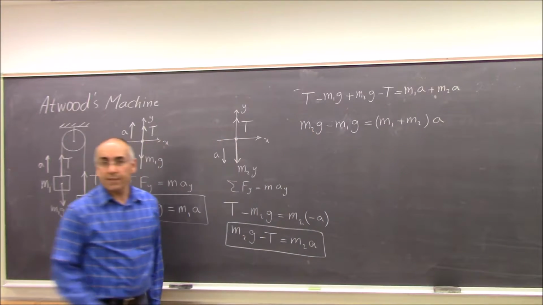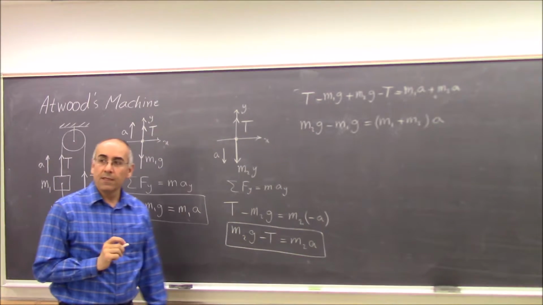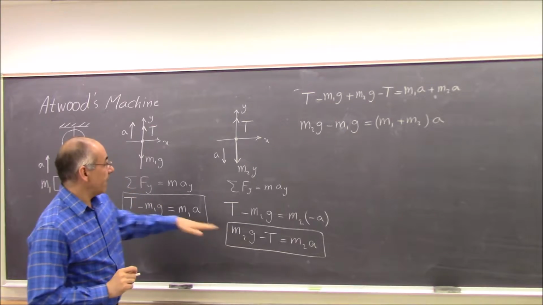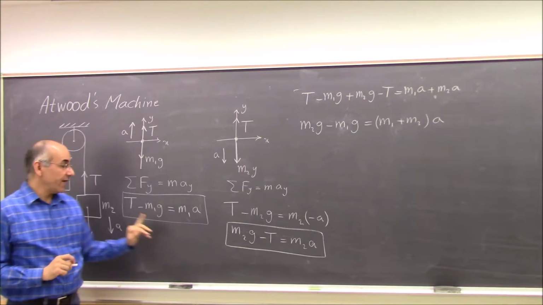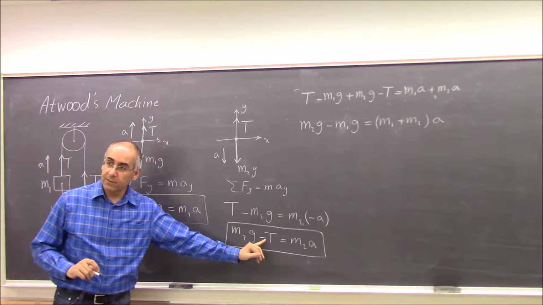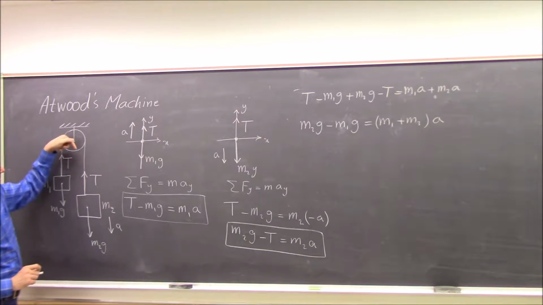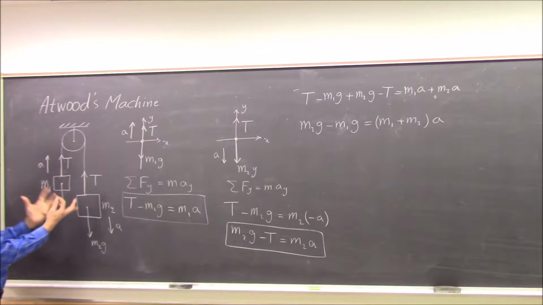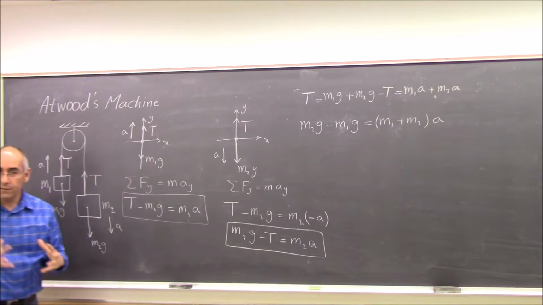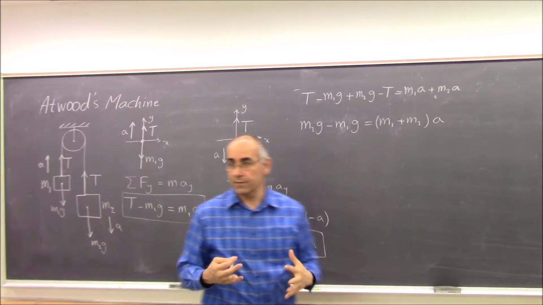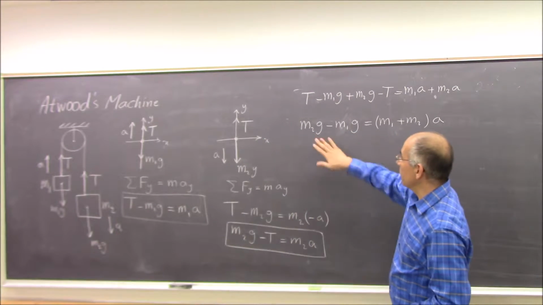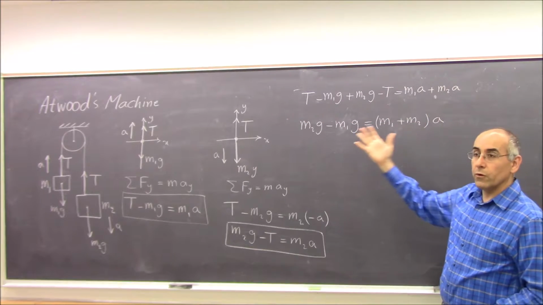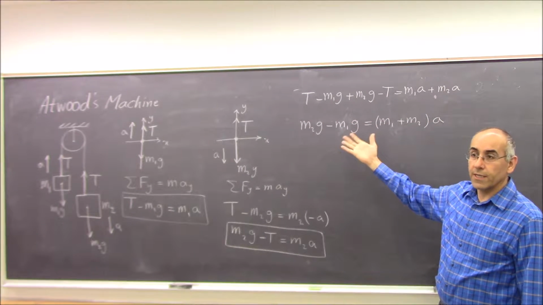I want to make a little observation here. Although we have Newton's law for one object at a time, when you write it for two objects that are interacting through this tension force, this tension force, if you consider both of them as one object, is like an internal force that cancels out. But then what you get is Newton's law for both of the objects together.